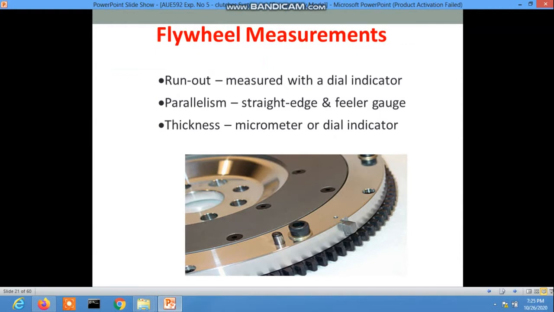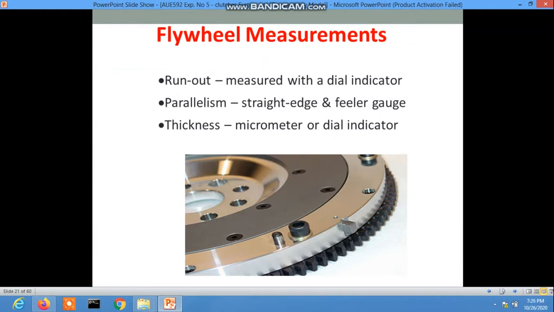Runout is measured with a dial indicator, the measuring device, so we can measure the overall runout. Parallelism is checked with a straight edge and feeler gauge, so it is also a requirement. And thickness is measured with a micrometer or dial indicator to get the thickness of the flywheel.